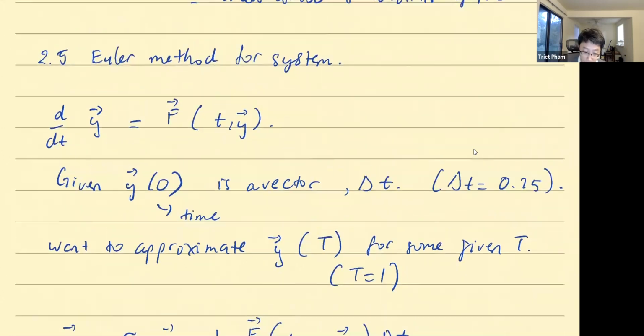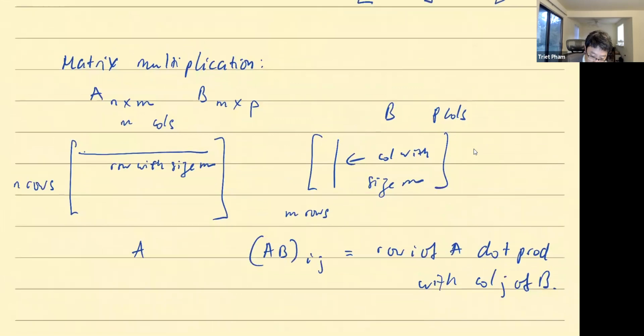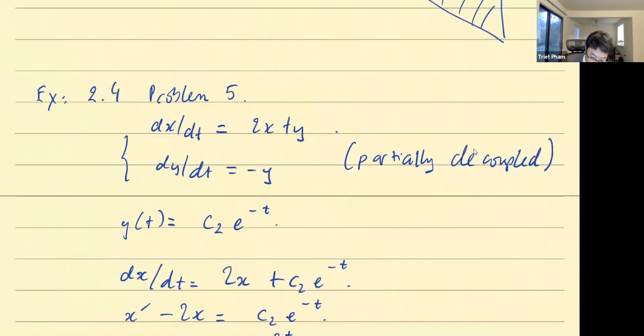Now, why does this work? Why it works is, just for example, if you look at a system like this, just as a demonstration, what it says is at heart, this is still the derivative of x. So if you use the Euler method on x, all you need is the approximate value of y at that point, and you can step to the next step.